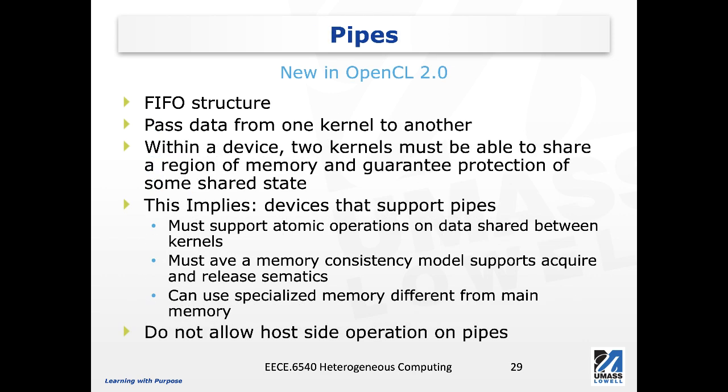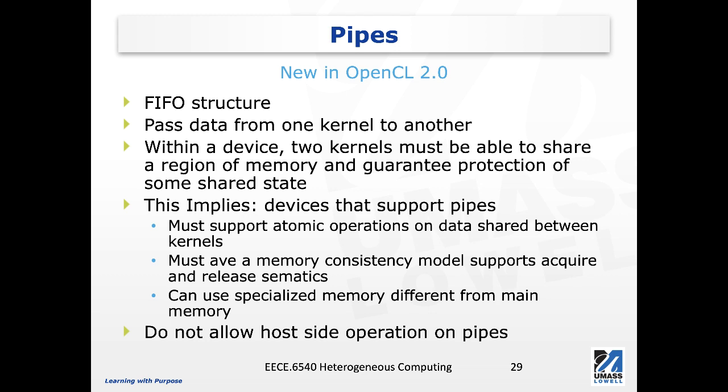Pipes are new memory objects in OpenCL 2.0. They are essentially first-in, first-out FIFO structures. They are primarily used to pass data from one kernel to another kernel, so that within a device, two kernels can share a region of memory and guarantee the protection of this shared state.